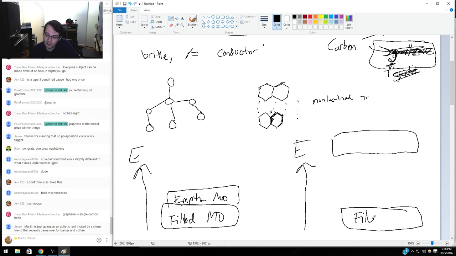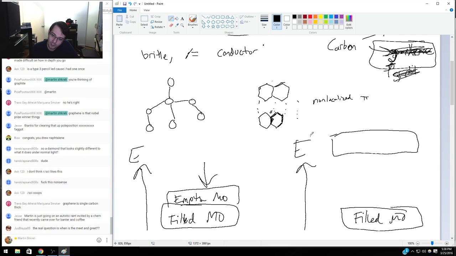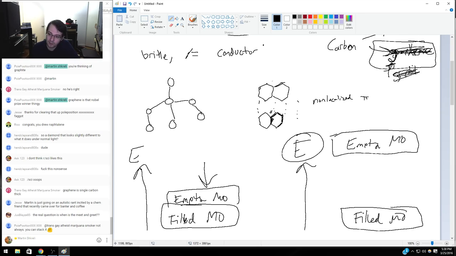So you can't shove extra electrons in the empty molecular orbital easily. It takes too much energy. That's why they don't conduct electricity. And that's why network solids don't conduct electricity. And I think it's obvious sort of why that gap is so large.